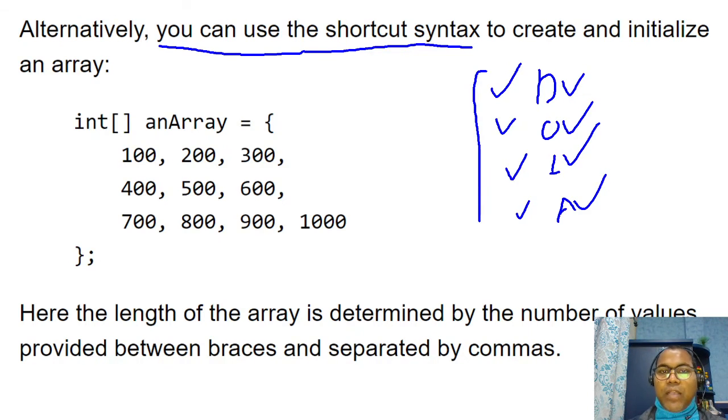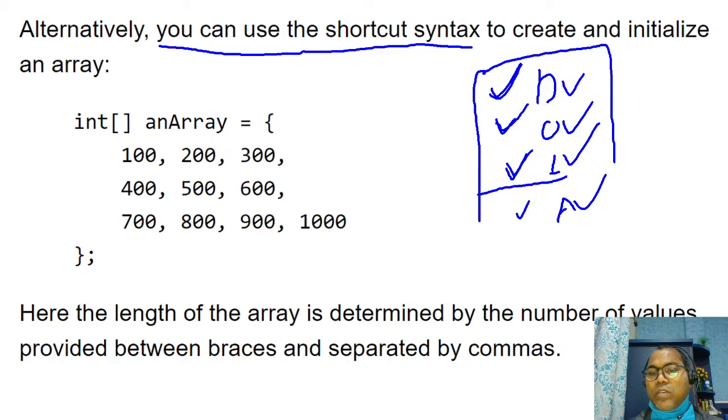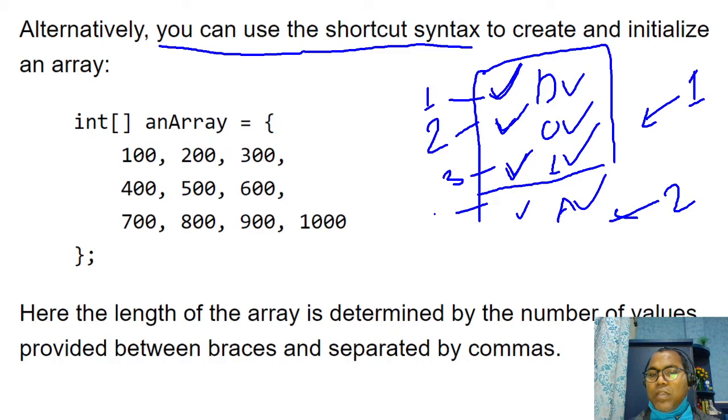But Java also supports a shortcut syntax. Instead of declaring, creating the object, and initializing values separately, these three can be clubbed into one step. Just create the array with initialized values, and the second step is accessing. Previously: first declare, then create object, then initialize, then access.